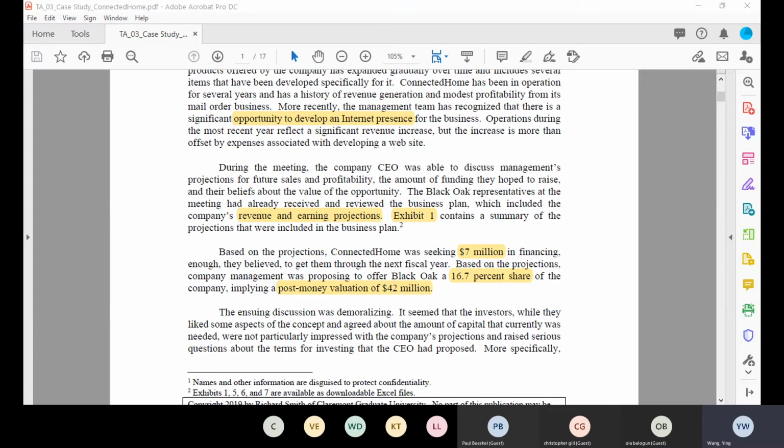If you finish the case study or roughly get the idea, then you can leave a message through the chat function. Then we will start to go through that together.